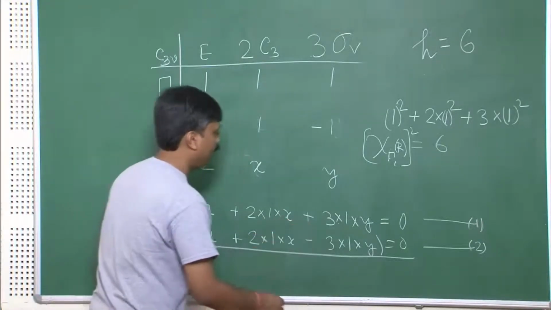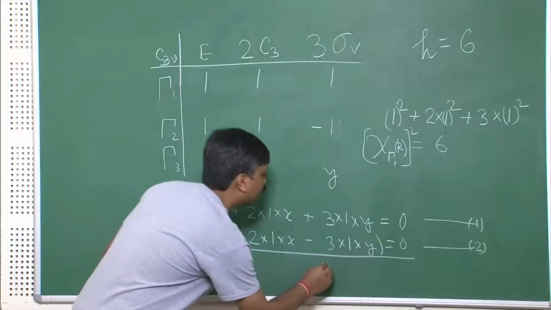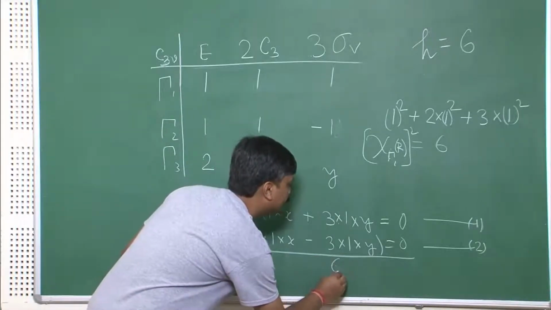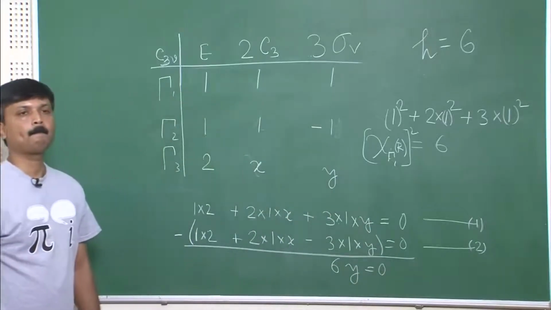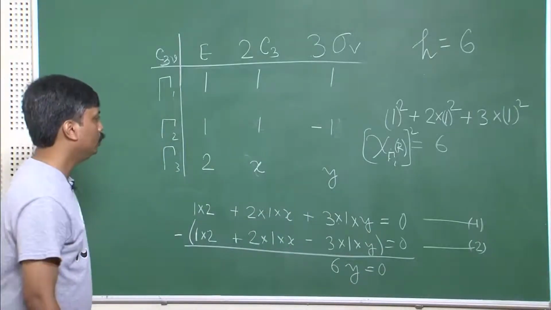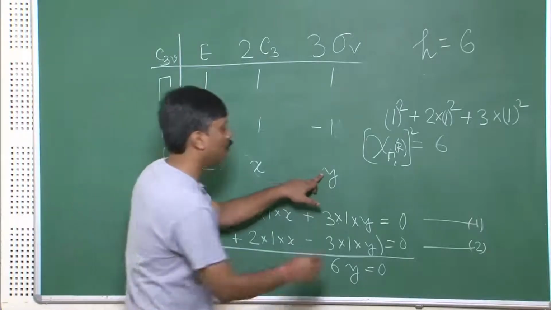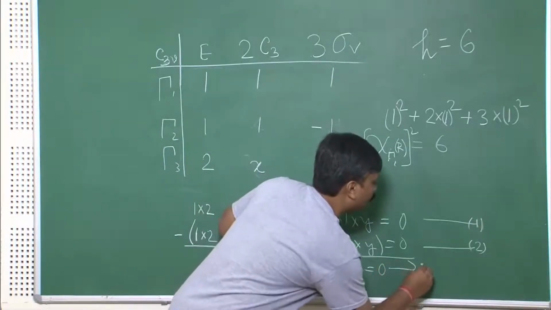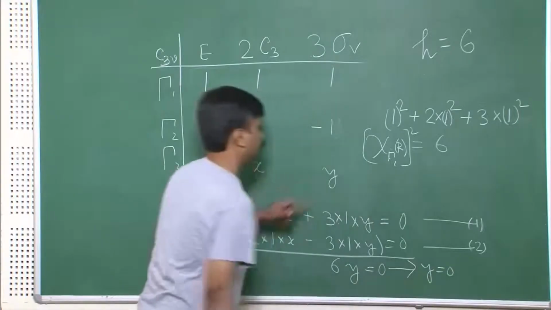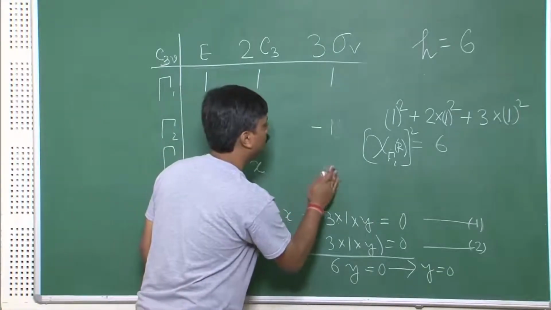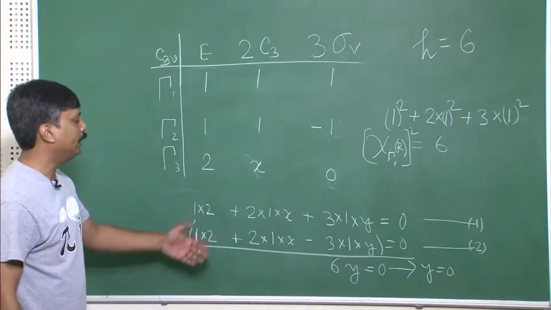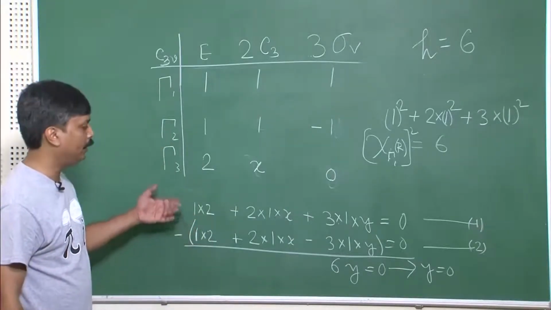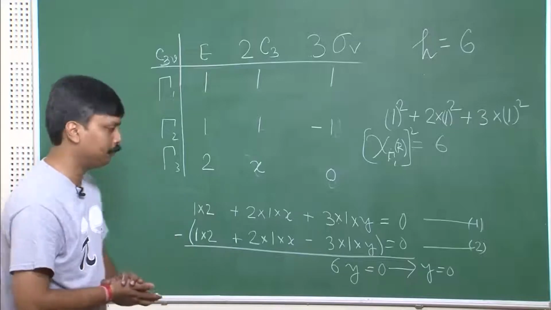So I have 6y equals 0. So here I get y equals 0. Now, I can again add these two and get the value of x.